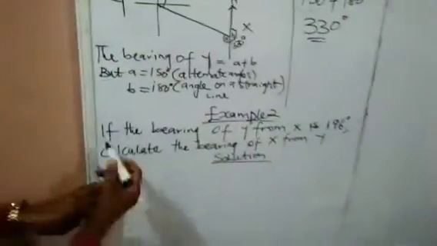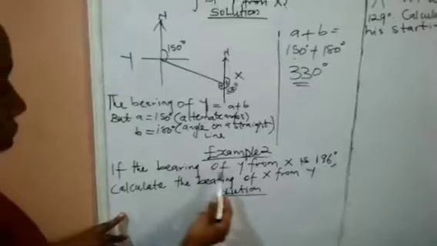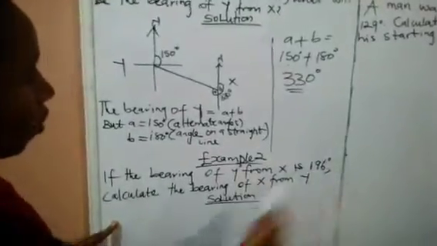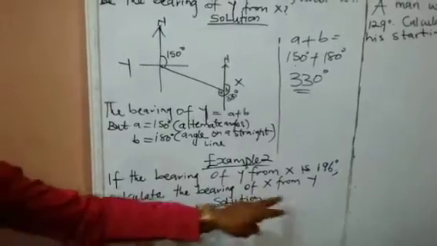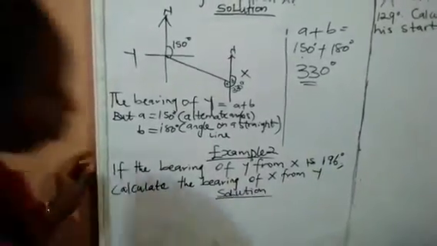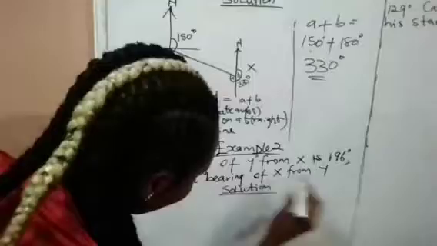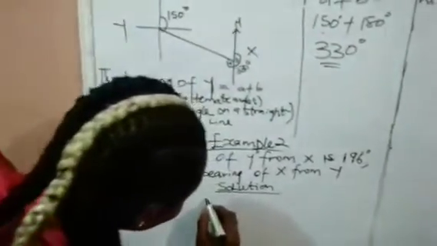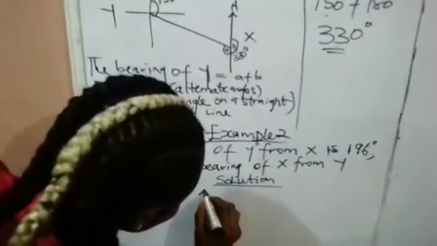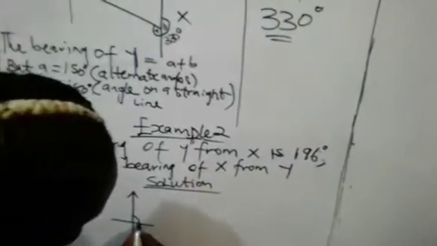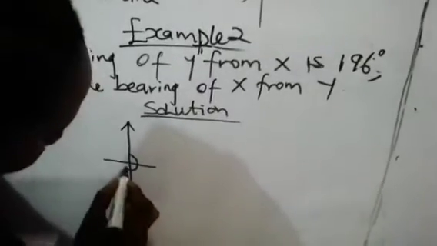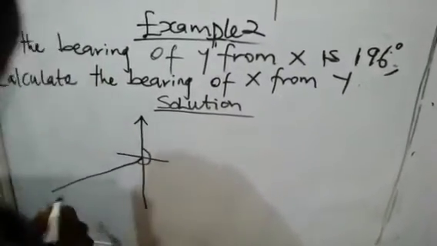For the second one, if the bearing of Y from S is 196 degrees, calculate the bearing of S from Y. We have the bearing as 196. 196 exceeds 180 because 196 is more than 180 degrees.